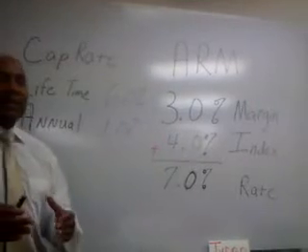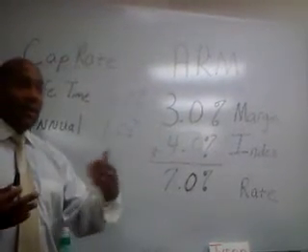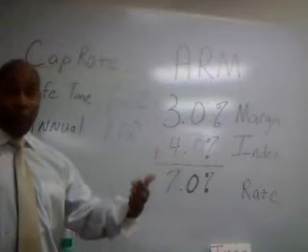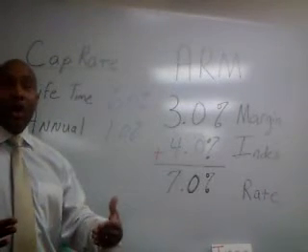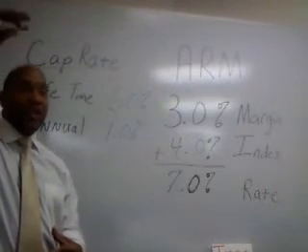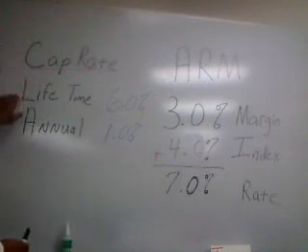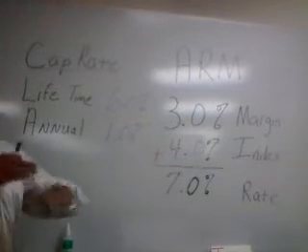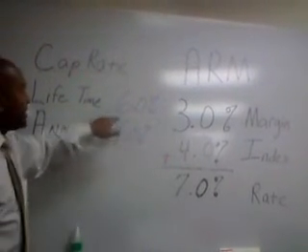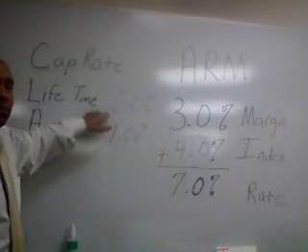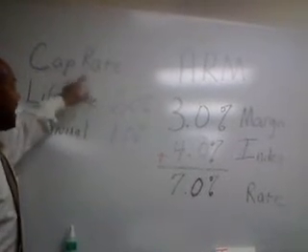The cap rate lets the parties participating in the note know how much the rate can go up at any one given time. The lifetime cap rate is the most that the rate can ever go up over the lifetime of the loan. In this case, for example, we're using a 6% lifetime cap rate.